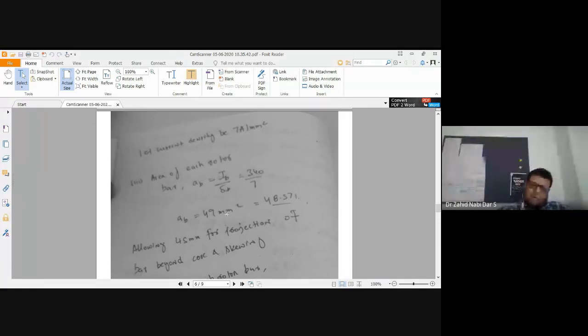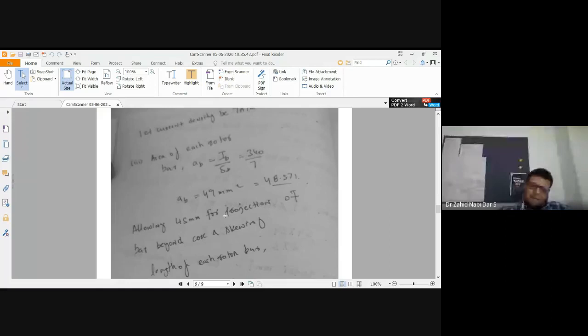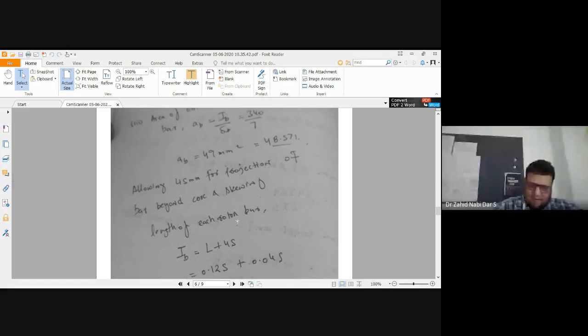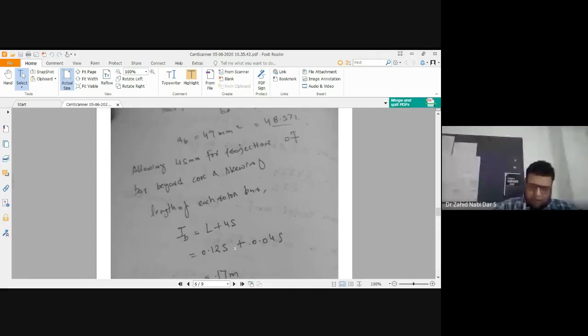Now one more important thing: D and L values are given, but it's an induction motor. I told you an induction motor needs to be skewed so that there is no phenomenon of crawling. Crawling means it does not operate at its full speed but at 1/7 of it. So the skewing phenomenon is very important. So for the length of the rotor bar, let's give some allowance for skewing, like 0.4.